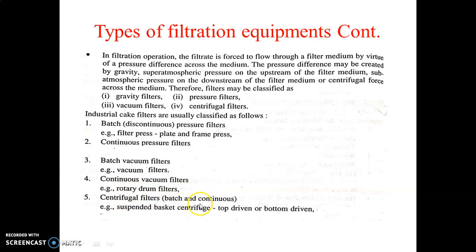Centrifugal filters may be operated in batch and continuous modes, and again there are two types: top driven suspended basket centrifuge and bottom driven suspended basket centrifuge. All these are filters that can be used in the chemical industry for filtration.